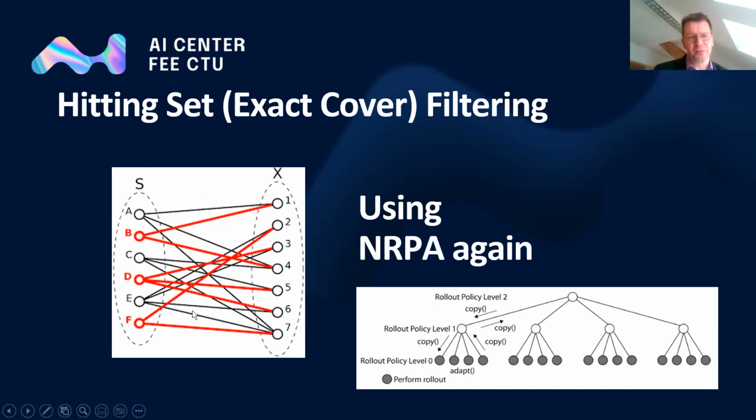And these are usually weighted. It's a combinatorial problem. It's known to be hard, like NP hard, not undecidable. And you can use nested rollout policy adaptation with this bipartite graph, and you find a good solution in a very short amount of time.